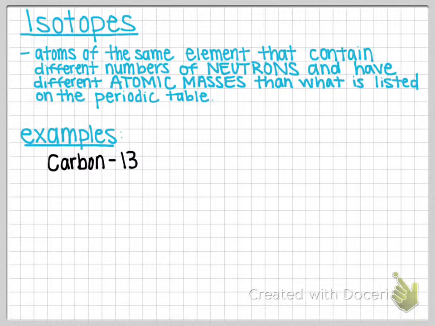The other way that you can see it written is 13,6 carbon. So these are the two ways that you will see isotopes written. I'm going to label what those numbers stand for. This 13 is the same as this 13, and that is your mass number.